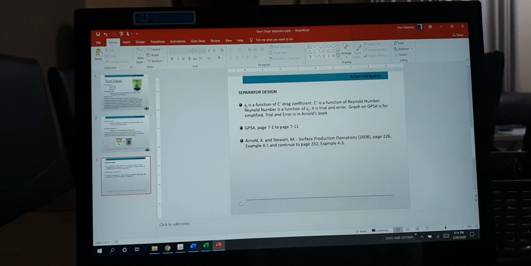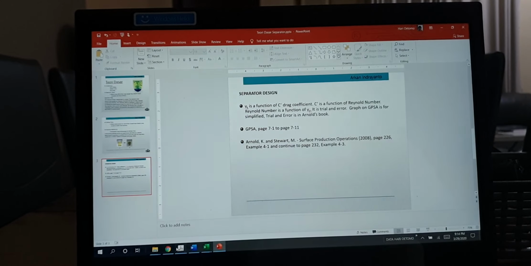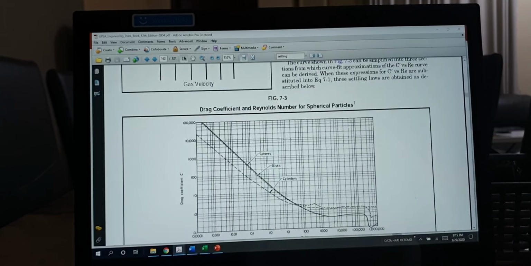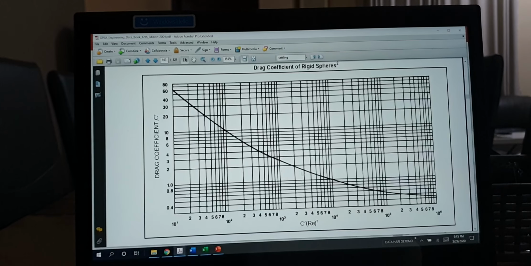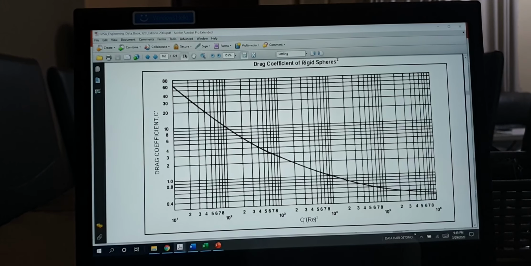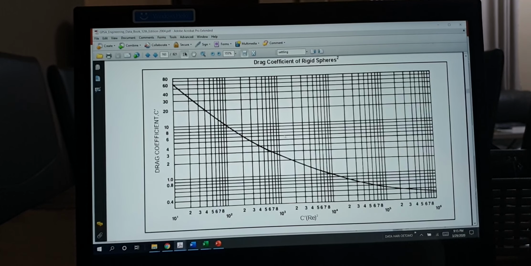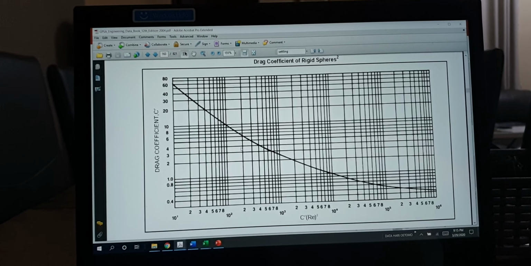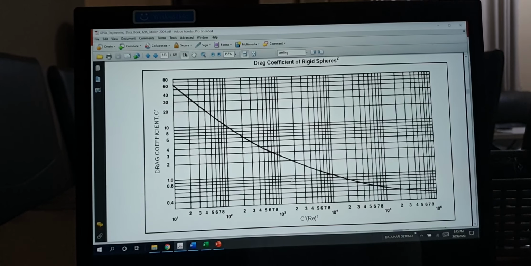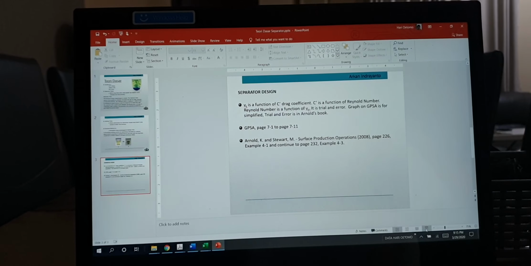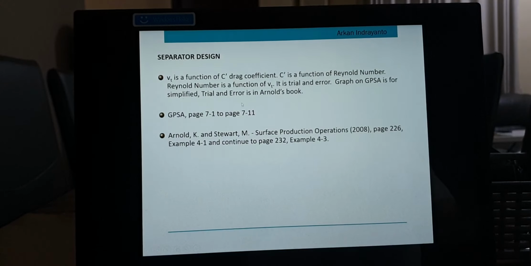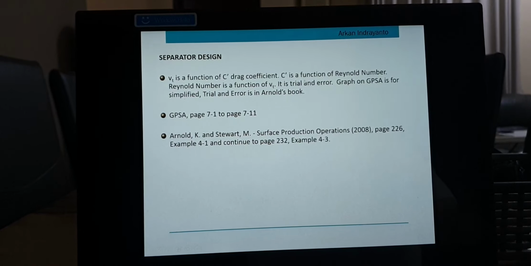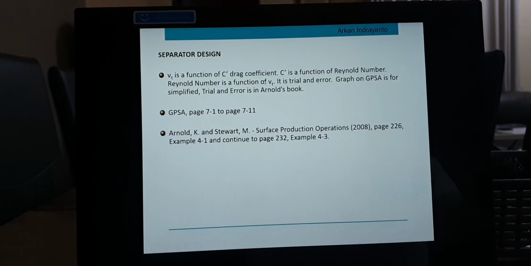On the GPSA, there is a simplified way to do that. By using the graph, this is the equation of drag force multiplied by Reynolds number squared, and you will end up with the value of the drag force. And then you will finally get the Vt.